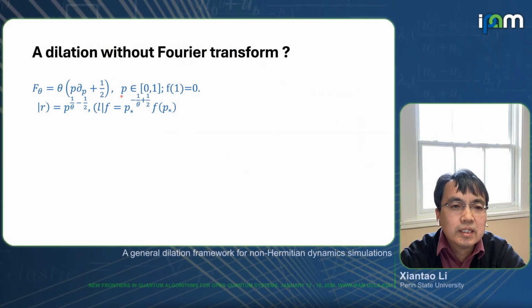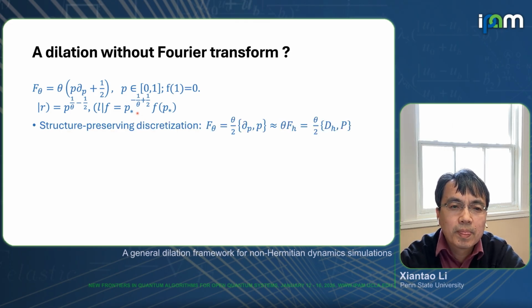And so I'm going to set it up as follows. So the differential operator is defined in this interval, and you apply homogeneous Dirichlet boundary condition. So under this condition, this is a skew-Hermitian operator. You're going to pick the eigenfunction with eigenvalue 1 as this function right here, and you can pick L either as a point evaluation or as an integral.